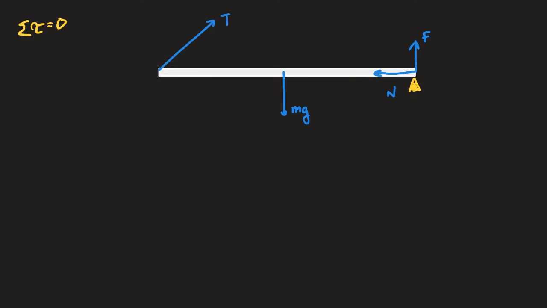Since the system is not moving, or since the net torque is 0, any point can be chosen as your axis point, your pivot.